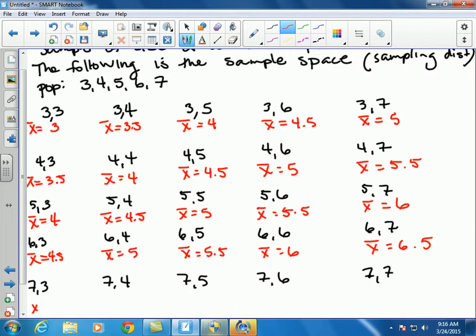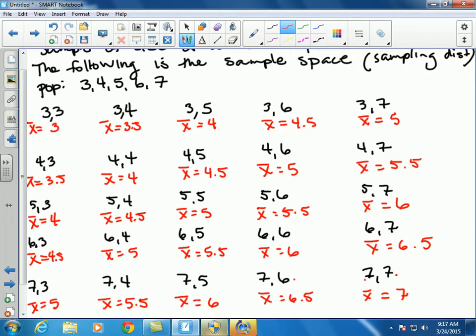The average of 7 and 3 is 5. If you don't know how I'm getting these numbers, I'm just adding 7 plus 7 and dividing by 2, or adding 7 plus 6 and dividing by 2. So I'm just finding the average between those two numbers.